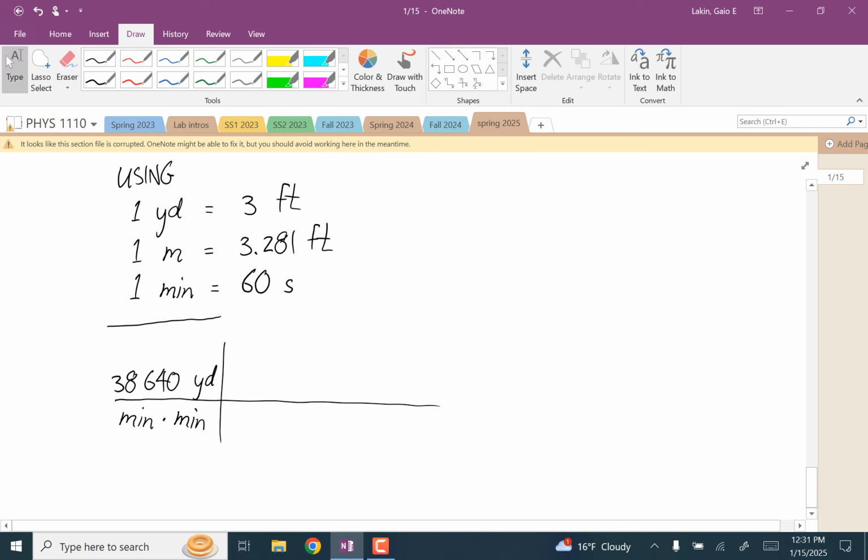And I guess first I'll go from yards to meters. With the conversions that I have, I have to go from yards to feet and then feet to meters. So to go from yards to feet, I'll put 1 yard in the denominator to cancel that one out, and 3 feet in the numerator.